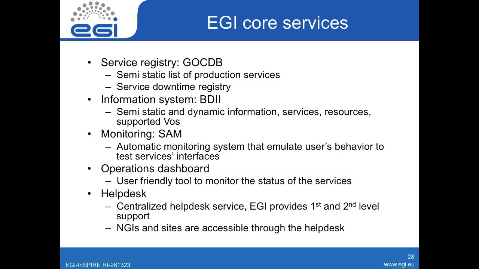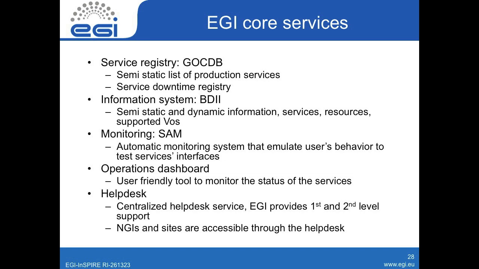Semi-static means that they can be updated, but they are not automatically updated by services. So it's site managers, resource center managers, or NGI managers who log in and change this information by hand. And this is useful because we need to know if a service is in downtime. We need to know that a service is supposed to be in production.